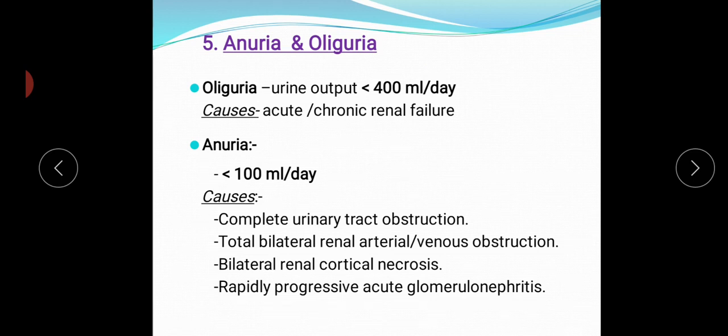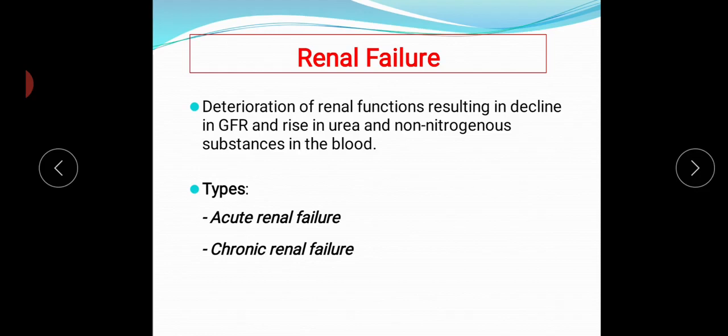Bilateral renal cortical necrosis, or it may be due to glomerulonephritis. So these are certain common urinary symptoms that are complained of by the patient because of various disorders.